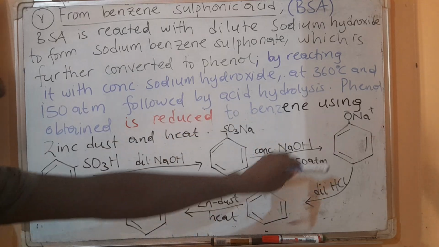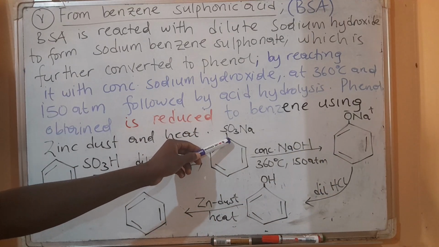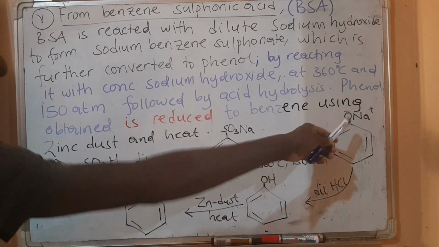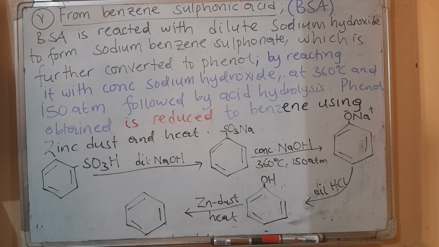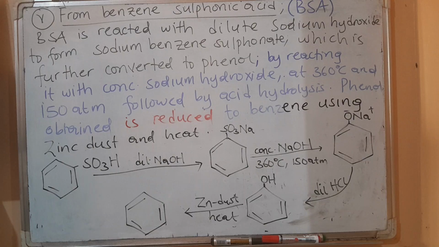We require these extreme advanced conditions because the bond between carbon and sulfur is strong. It cannot easily be broken. That's why we require those advanced conditions to form sodium phenoxide, which undergoes acid hydrolysis with dilute hydrochloric acid to form phenol.